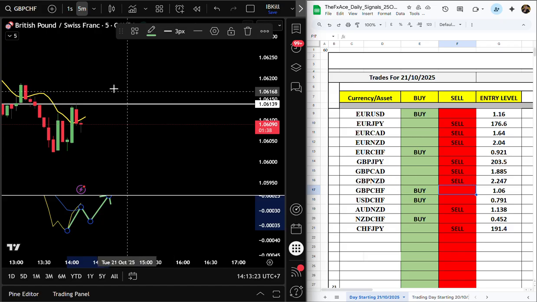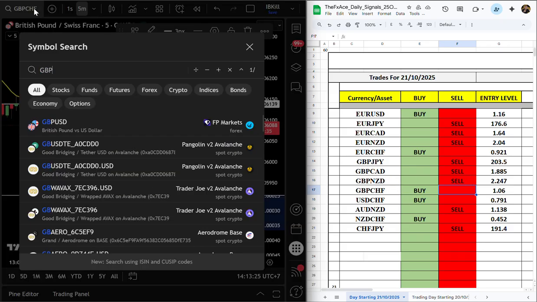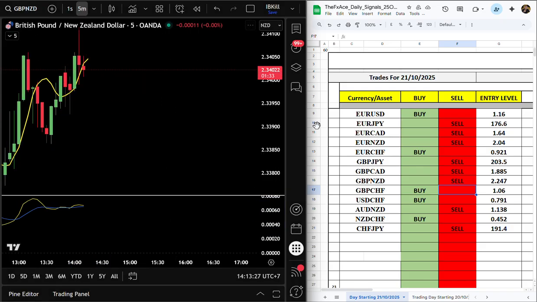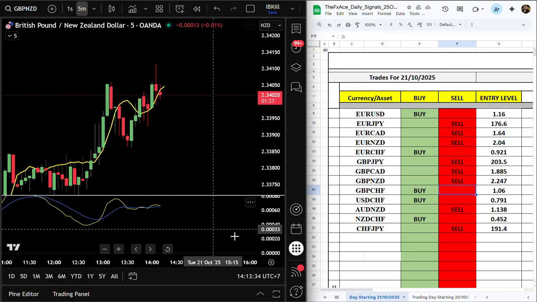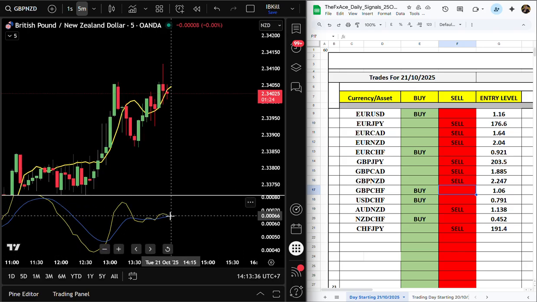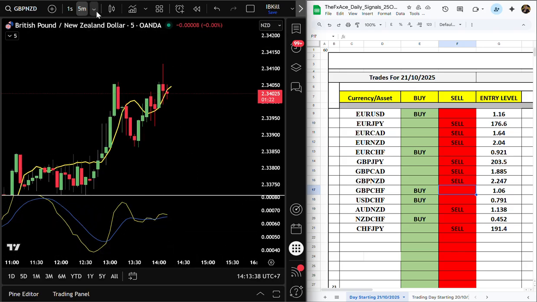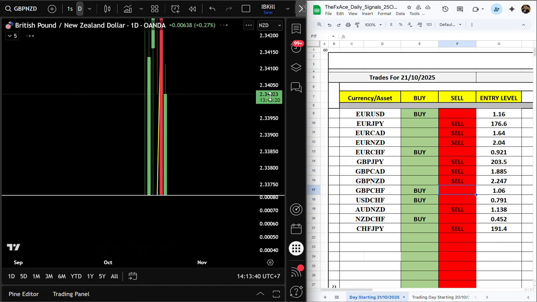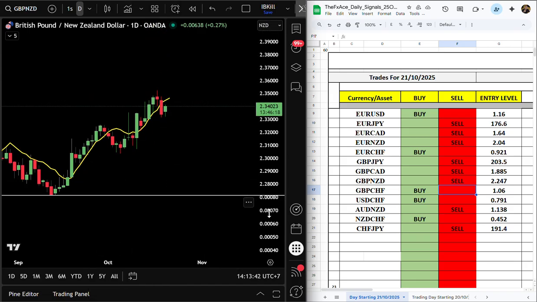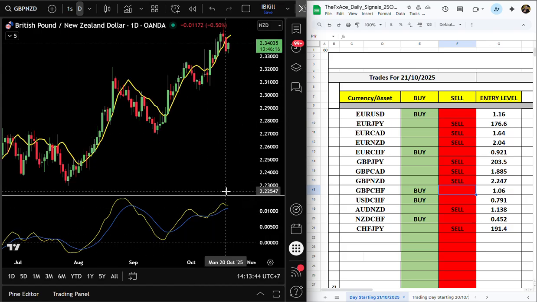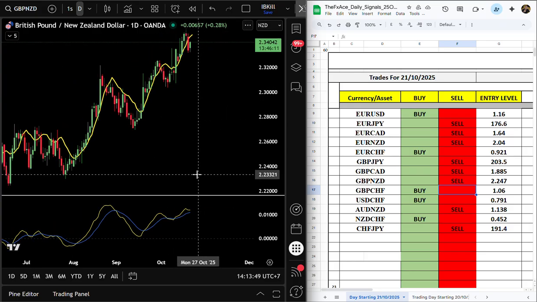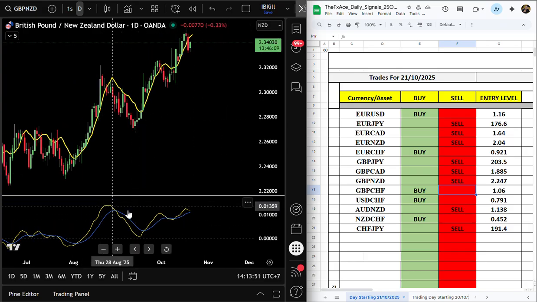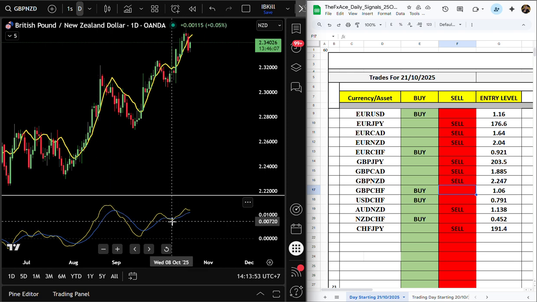Another trade idea, British pound Kiwi. I'm looking to sell this at 224.7. As you can see, it looks like it is topping out. We're looking like we're about to get a cross down on the 5-minute chart, sorry. So we'll look at the daily. It crossed back up last week.